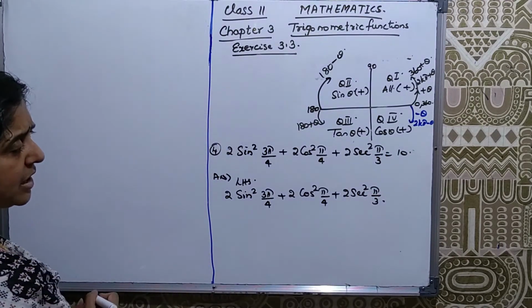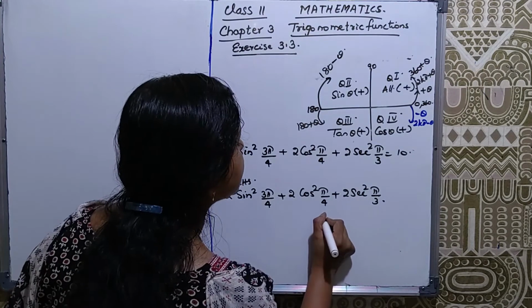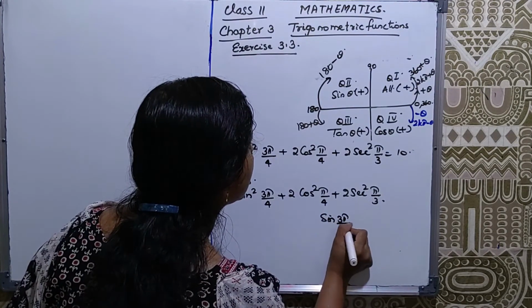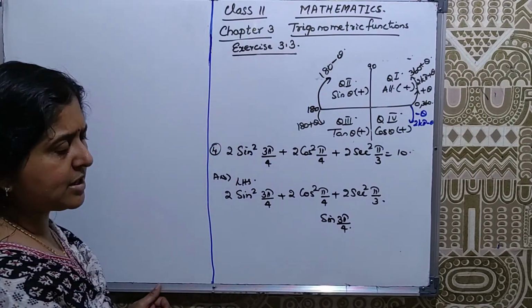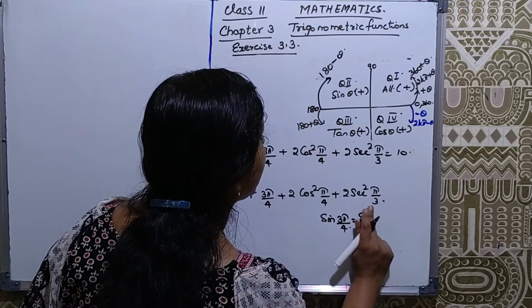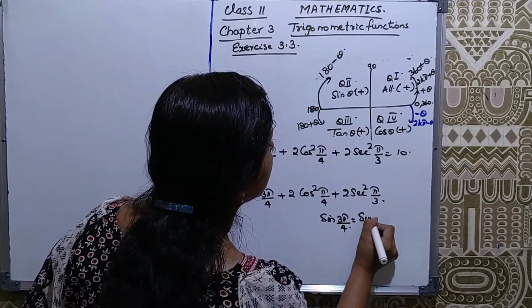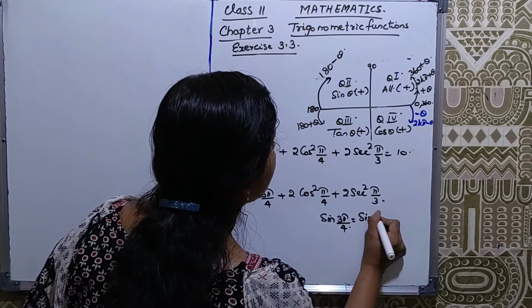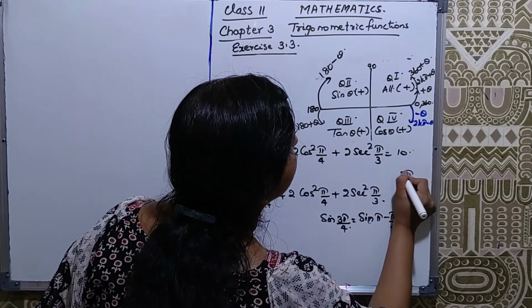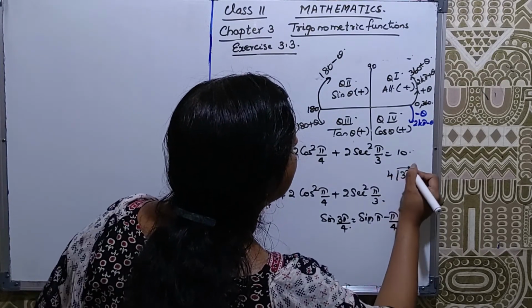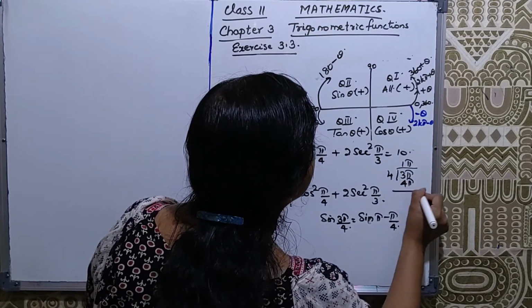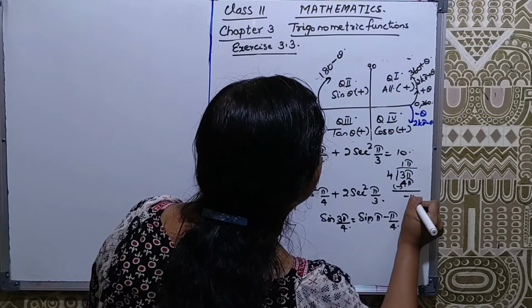Now, sine 3 pi by 4 I'll write as follows. I'll take one more than that, that is 4 pi, so it will become sine(pi minus pi by 4). Because when I divide 3 pi by 4, I take one more than that, so 1 pi equals 4 pi, and when I subtract that I get minus 1 pi.